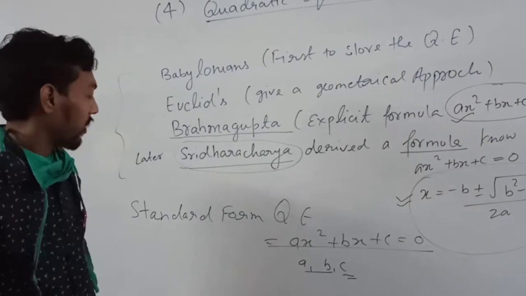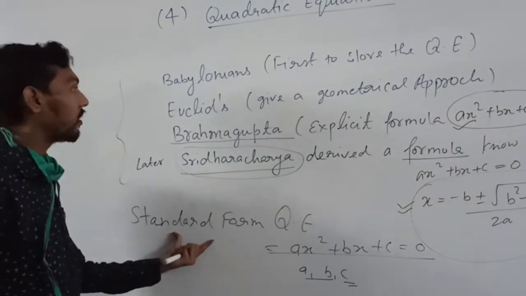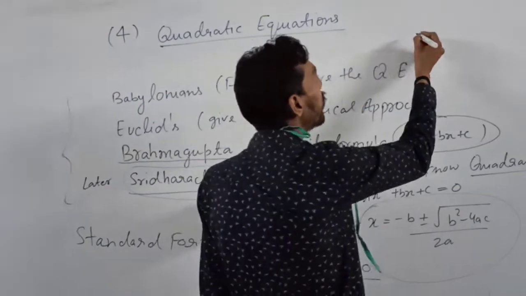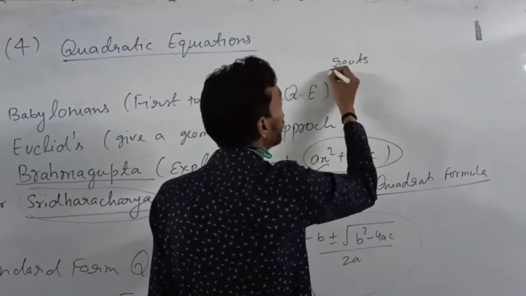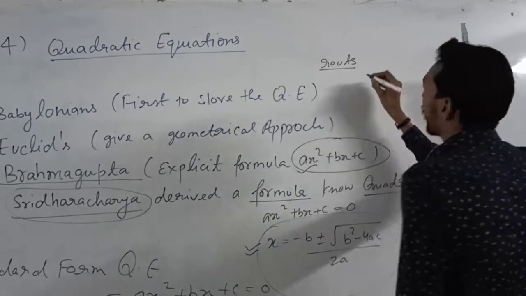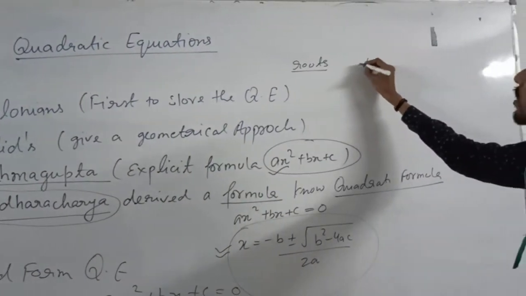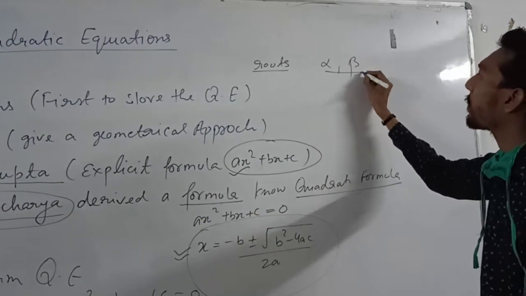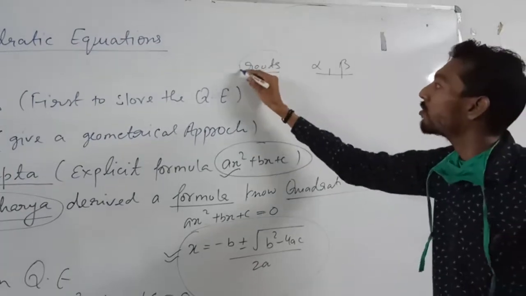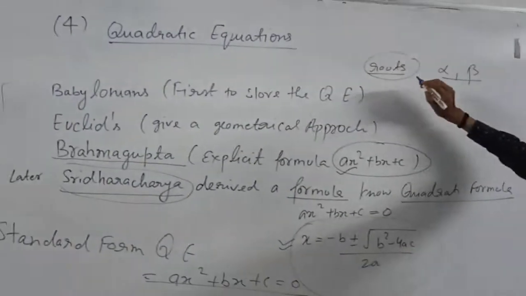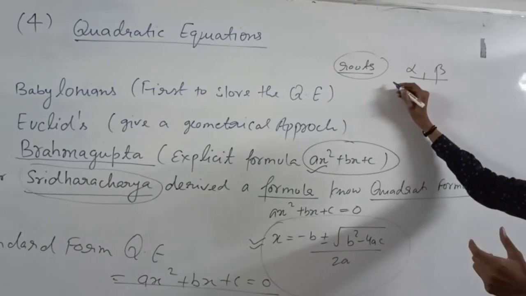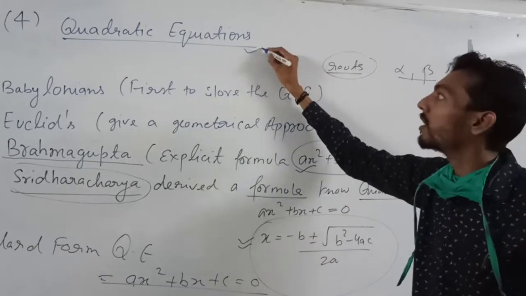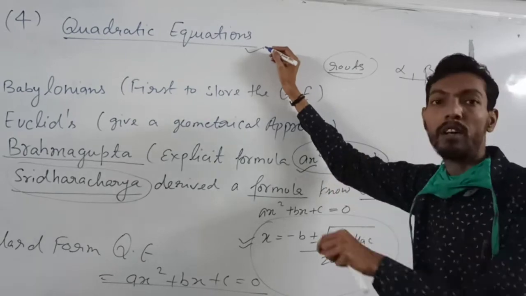Okay students, now one more term is also derived: roots of the quadratic equation. Roots we generally denote as alpha and beta. Alpha and beta are the roots of the quadratic equation. You know that the number of solutions in an equation depends on the highest power.